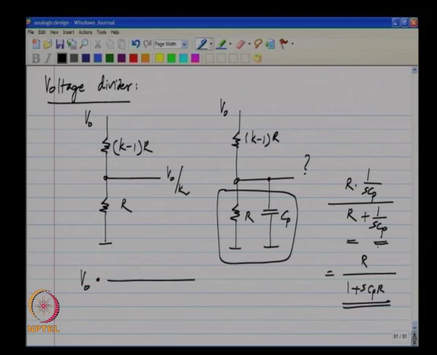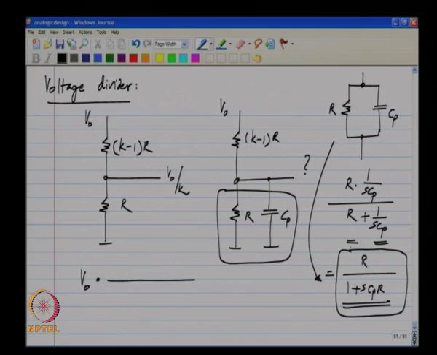So, this is a useful result to remember, that if you have a resistance and a capacitance in parallel, the combined impedance is given by this formula, okay, R by 1 plus SCR.